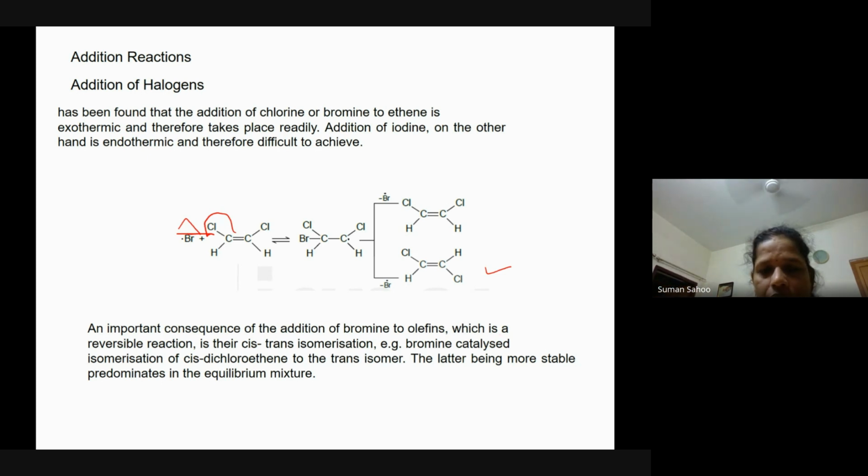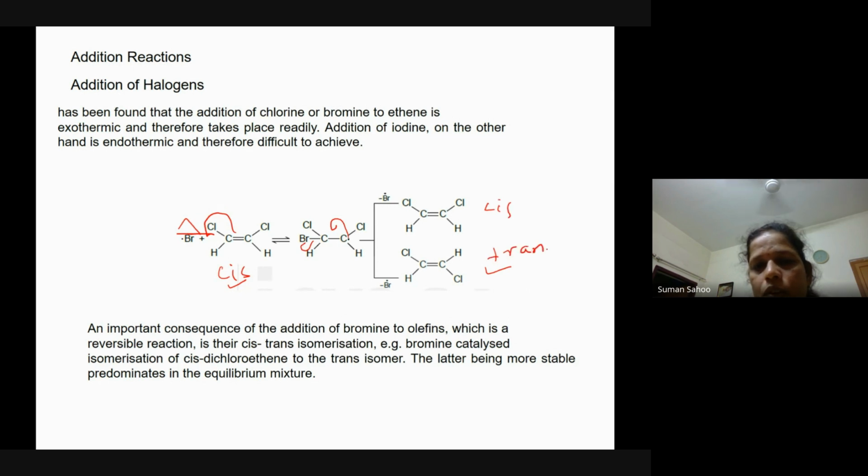This is a reversible reaction, so you can easily see that this is a very good reaction to do the cis trans isomerization. This is a bromine catalyzed isomerization of cis dichloroethene. You just see this one is your cis. Now this cis dichloroethene is attacked by bromine to give you this radical, which will again be removed to give either cis or trans.